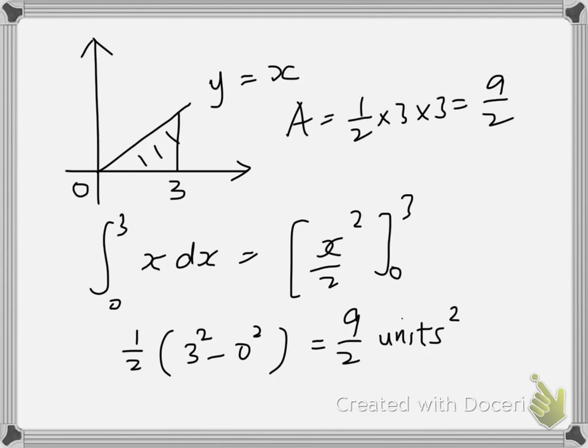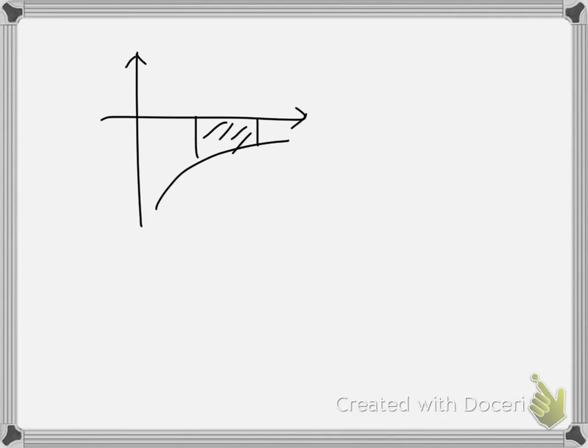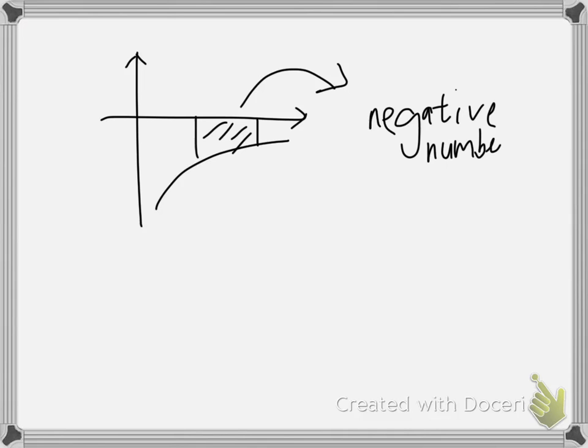Now what happens if you have, let's say, one particular type of curve that goes this way? Now in this sense, you would expect that after the integration, this number would give you a negative number. Okay? So the area, of course, you just take the absolute value.